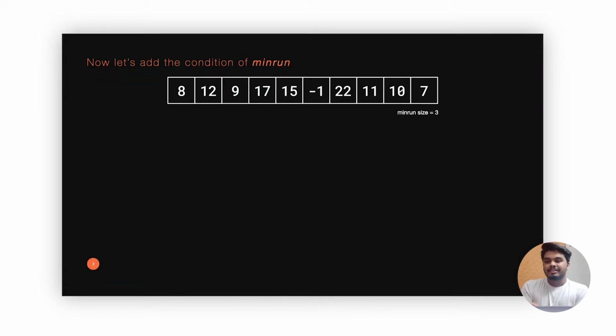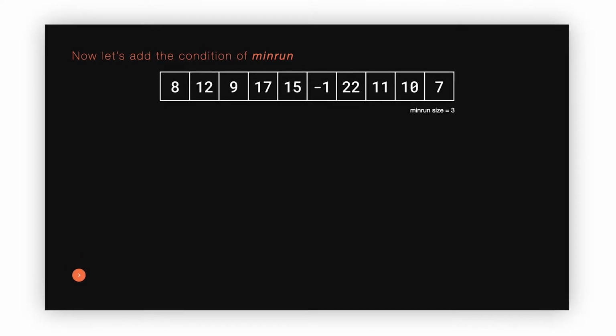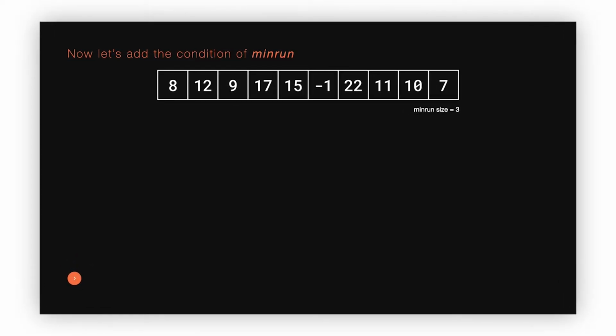Now let's take another example, and now while finding runs, let's take the rule of min run into consideration. Here we have taken min run equal to 3. Like in the previous example, if we were to find the runs in this list without the condition of min run, it would consist of 2 elements, 8 and 12, because at 9 the order breaks. But there is a condition, remember, of min run.